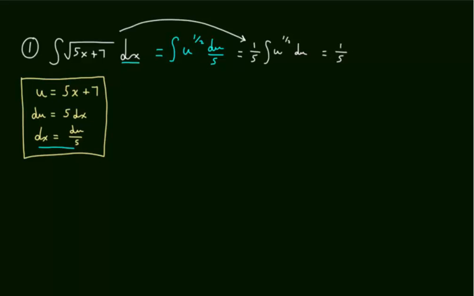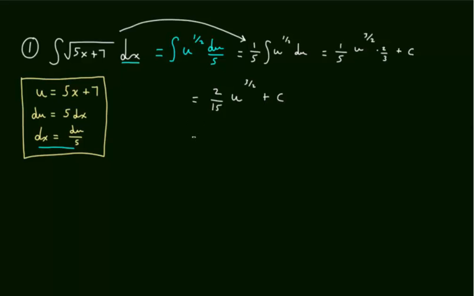So I have 1/5 u to the power of 3/2, and then I want to divide by 3/2, but instead of dividing by 3/2, I'll multiply the reciprocal, so times 2/3 plus c, which results in 2/15 u to the 3/2 plus c.